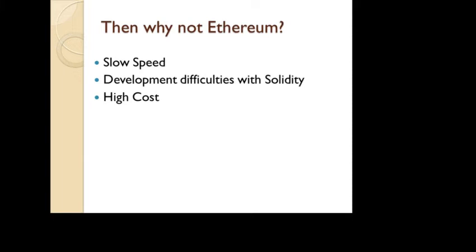The reason why Ether was not able to be adopted as of now is because of its slow speed, and difficulty of development with the programming language Ethereum uses called Solidity, right? Solidity is a very high level language which has limited functionality of what you can do with it, right? And then the high cost of transactions.